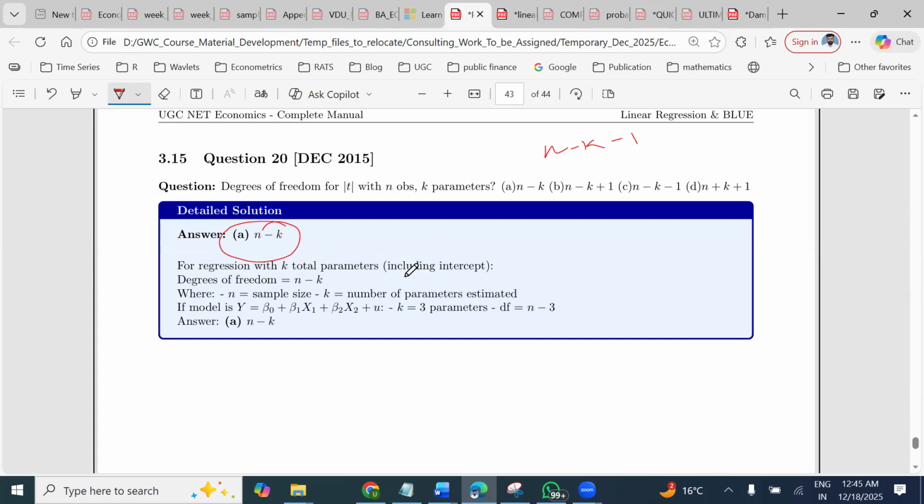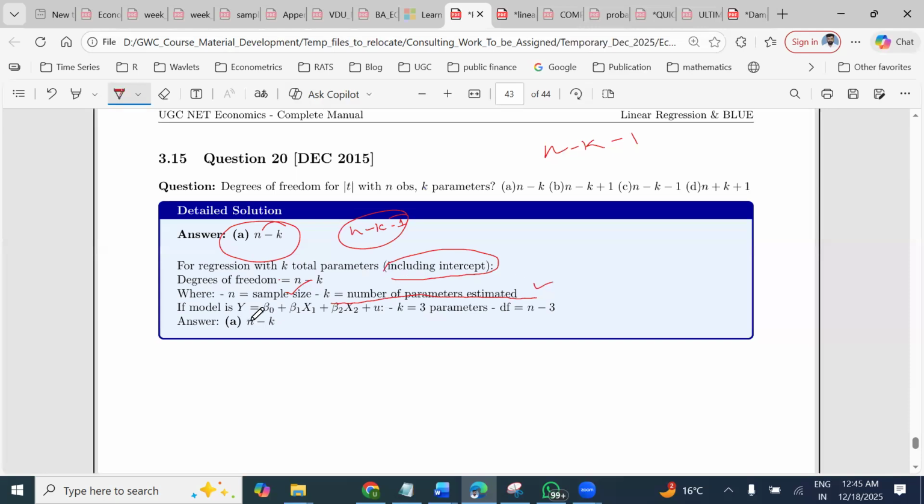Including, here it is written, including intercept, if k is the total parameters. So that is why you should know, Sangeeta. Clearly it is written, sir. So your answer will be clear. That is why I am telling you have to go in depth. Yes, sir. Actually, this is confusing. That is why explanation is important. K is the number of parameters estimated.